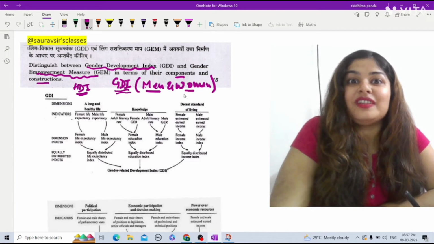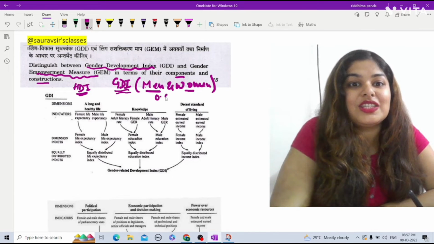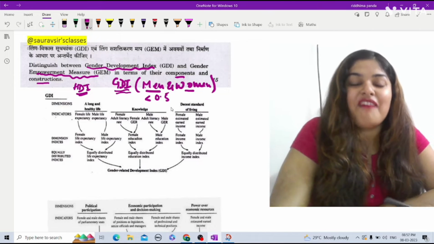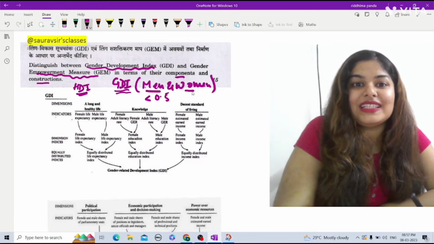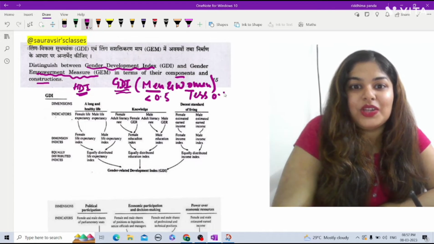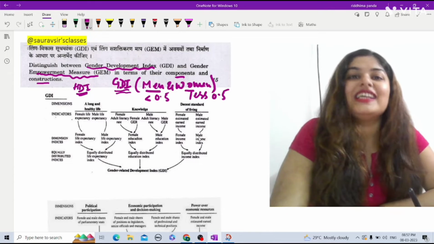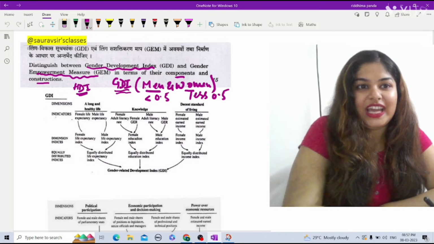If the measure is very large, like greater than 0.5, then we say that the country does not have much gender disparity. But if it is less than 0.5, then there is definitely a large amount of gender disparity. So that is why GDI was constructed.